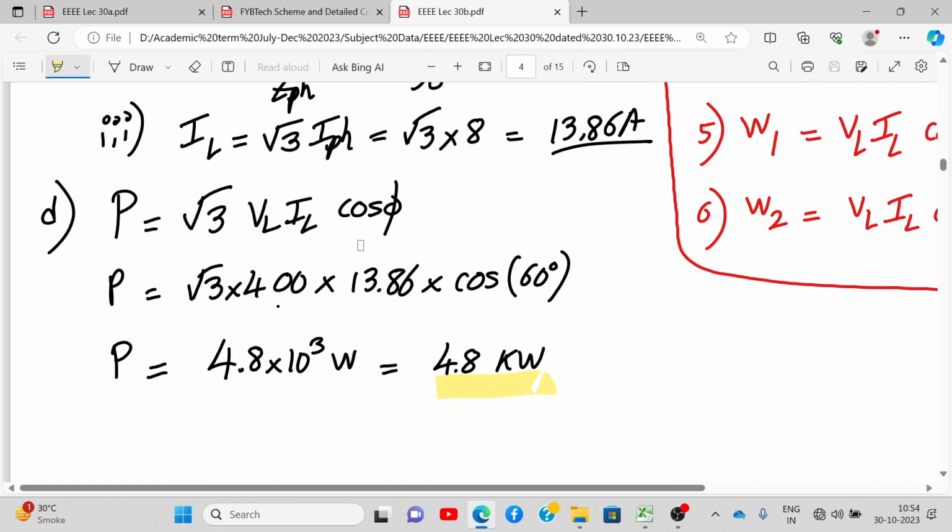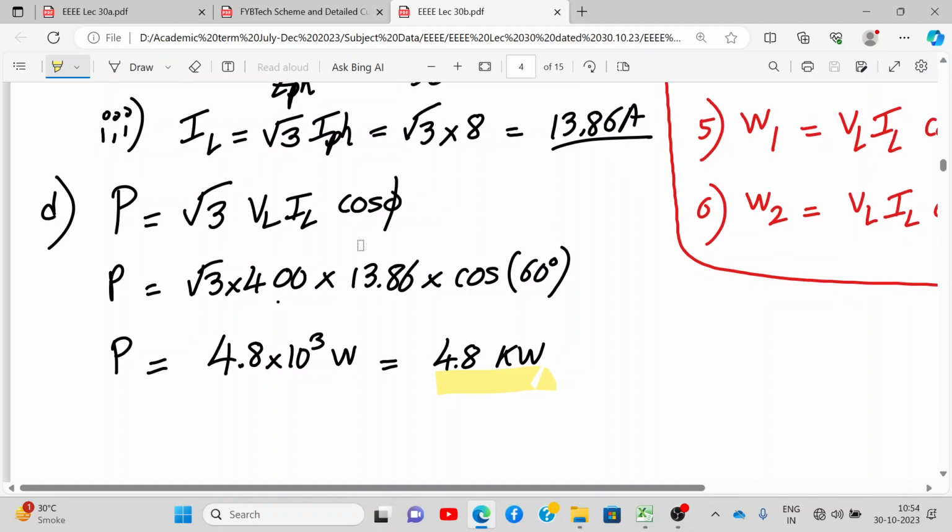Okay. Now, the reading of the two wattmeters, assuming W1 is greater than W2.